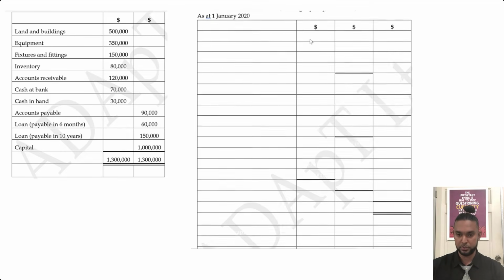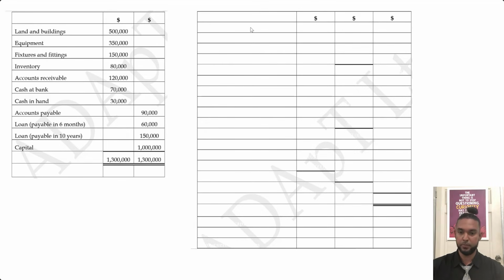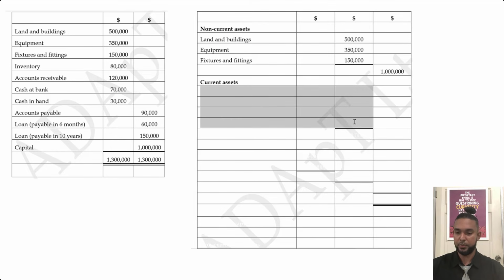So I'm going to scroll down a little bit here now. Again, we're still in order of permanence, right? So I'm going to put in my non-current assets first. Now notice I'm in my middle column here. I'll tell you why just now, right? And then we have here the current assets, right? 800, 120, and so on. Let's put in the subtotal for that.